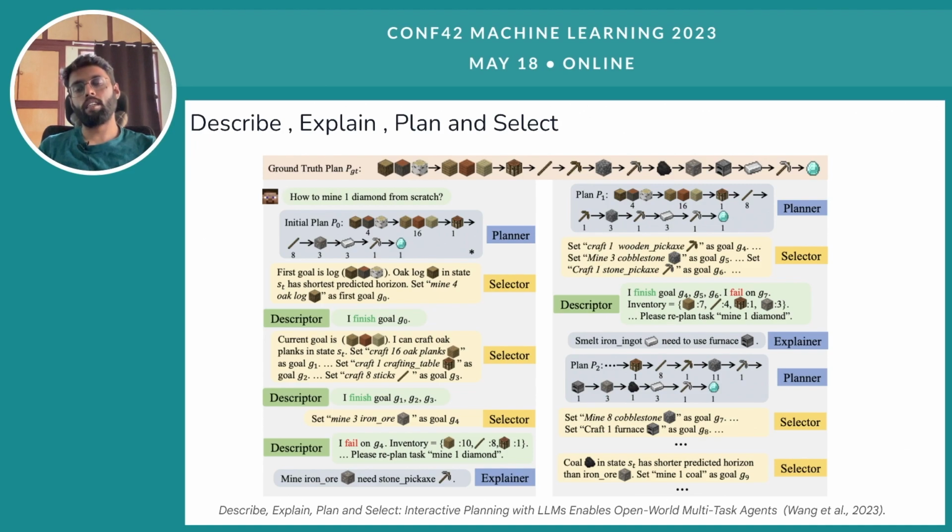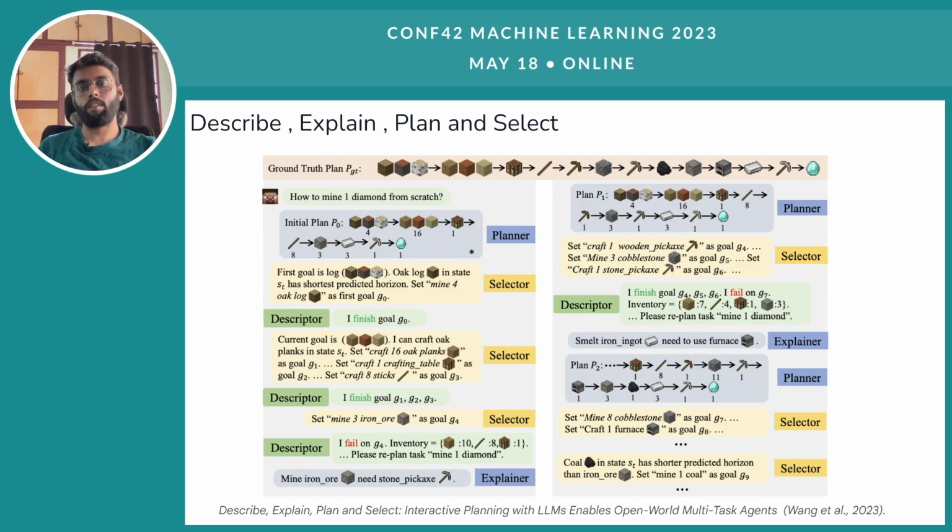And then the selector, based on its knowledge of the environment, selects in that given step what goal needs to be achieved first, based on prioritizing the different tasks involved. Then that particular task is executed by an executor, and the result of the execution is given as a description by the descriptor.